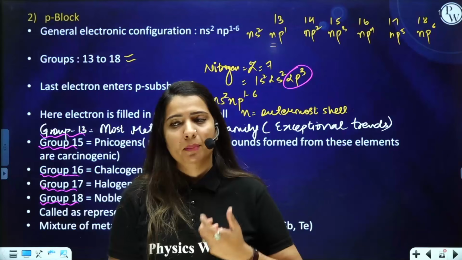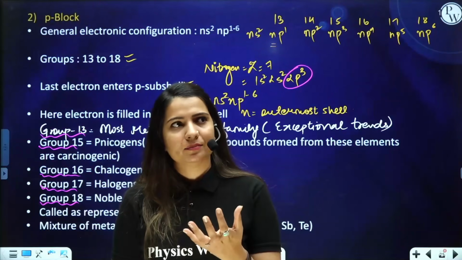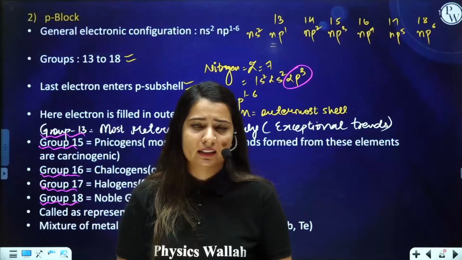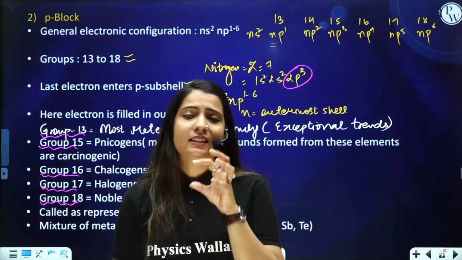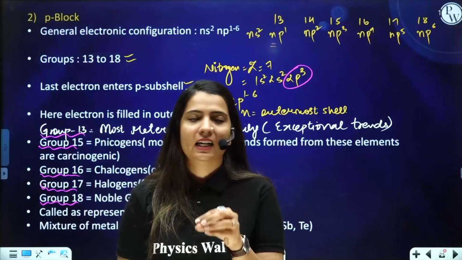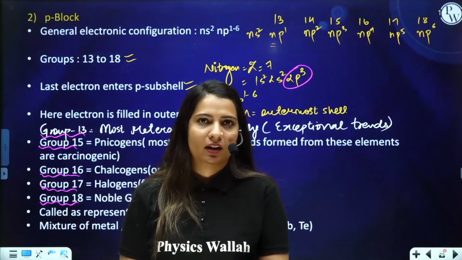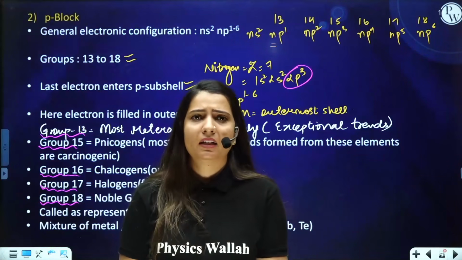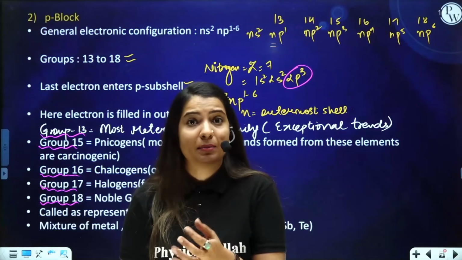What is the reason? Some gases which are not in the 18th group are sometimes called inert gases, because inert is a word which explains that it does not want to react under a particular condition. There might be a situation where you change the temperature or some other condition and that element or gas becomes reactive.